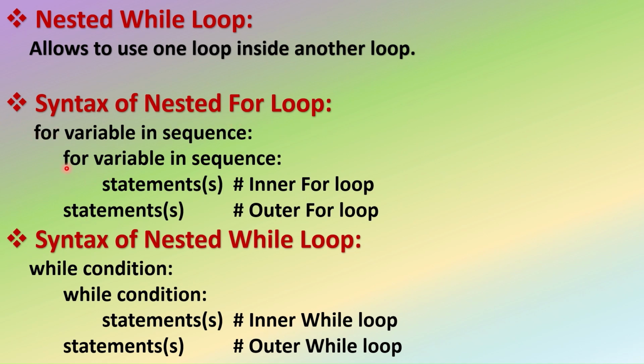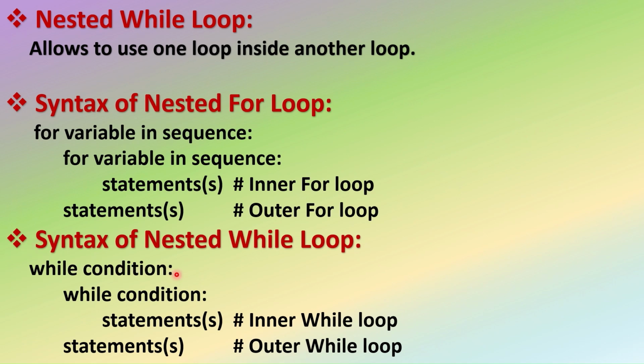If you want to give one more nested loop inside this inner loop, you can also give a number of nested loops like this. But for simplification, this is the general syntax for the nested for loop. Now let's see the nested while loop. Similarly, we define the while condition initially. This comes under the main or outer while loop.